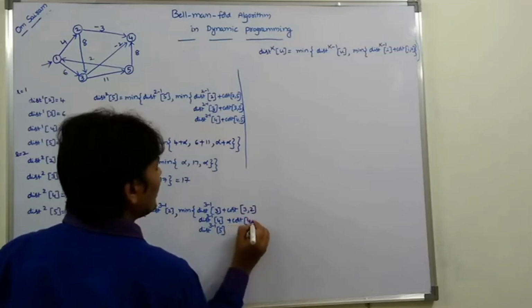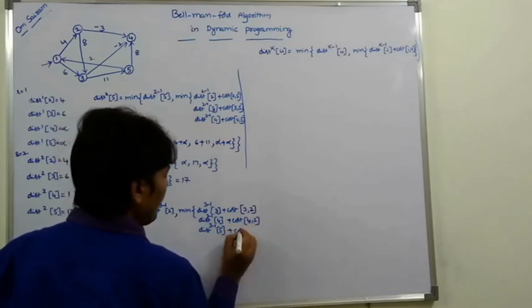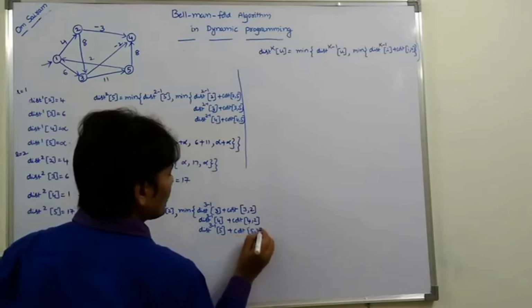I value 3, 4, 5 and u value is 2: cost of 3 comma 2, cost of 4 comma 2, plus cost of 5 comma 2.